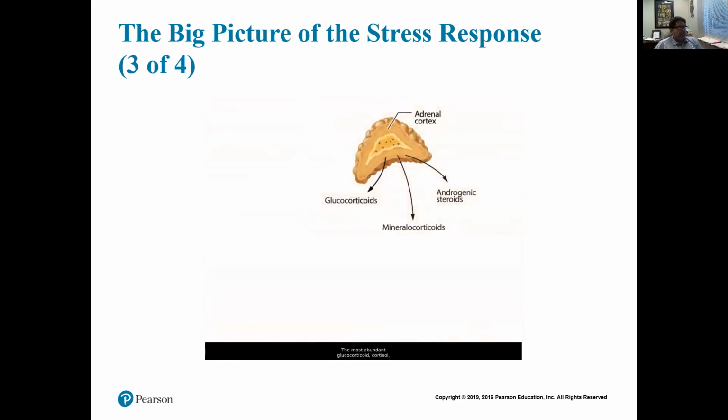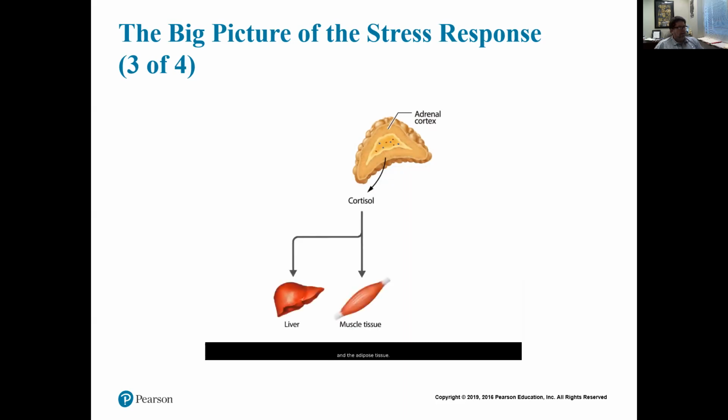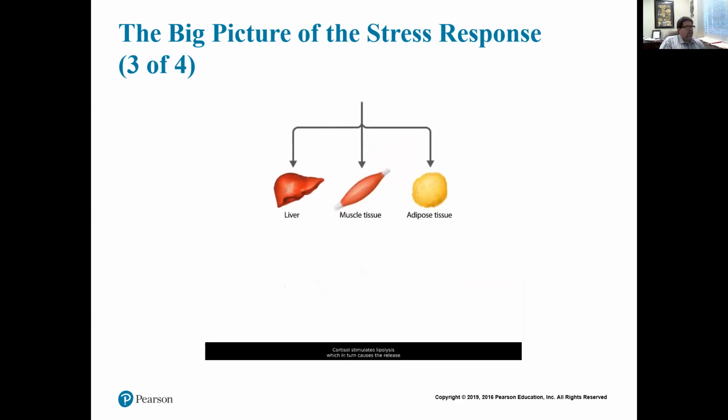The most abundant glucocorticoid, cortisol, is one of the main hormones in the stress response. It produces specific effects in the liver, the muscle tissue, and the adipose tissue. Cortisol stimulates lipolysis, which in turn causes the release of fatty acids from adipose tissue and, if necessary, stimulates the breakdown of proteins to release amino acids from muscle tissue.